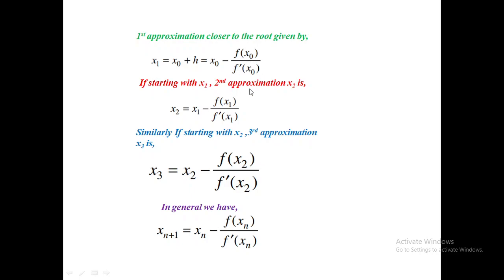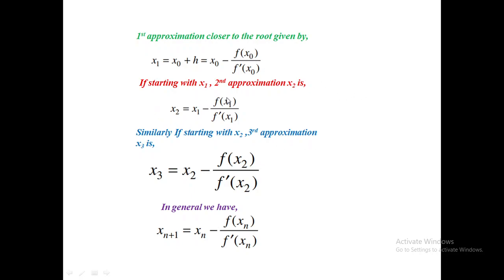How to calculate f dash of x0? The function is given, f of x0 is given, as we have seen in the earlier methods. Then differentiate that equation with respect to x, and you will get f dash of x0. We will see details in the numerical.